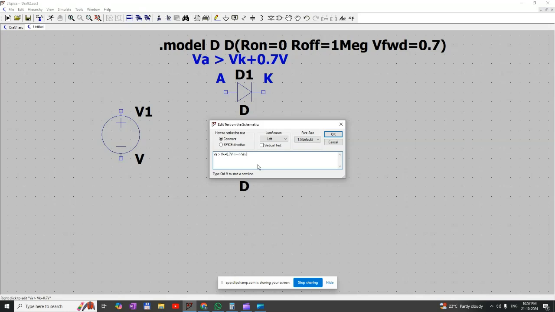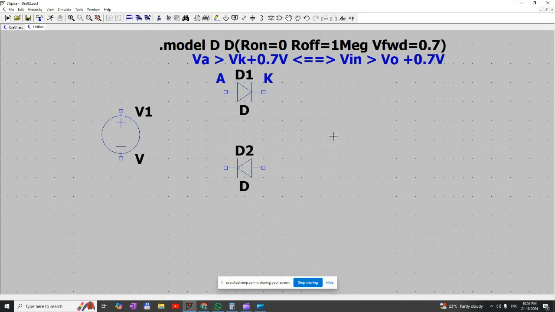At the same time, VK is V out. We are measuring the output at VK plus 0.7 volt. Let's consider this equation.